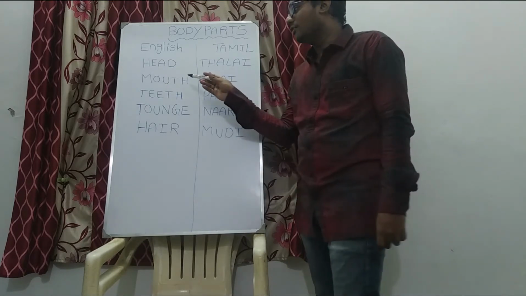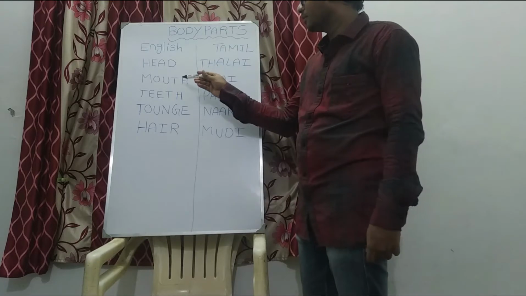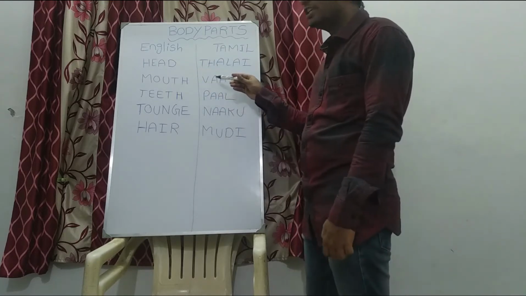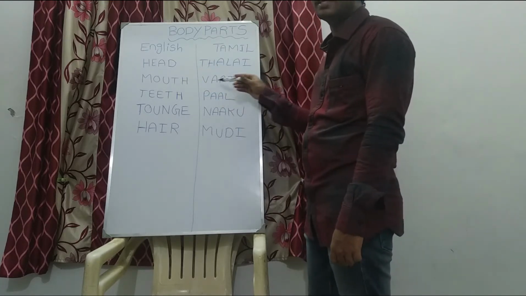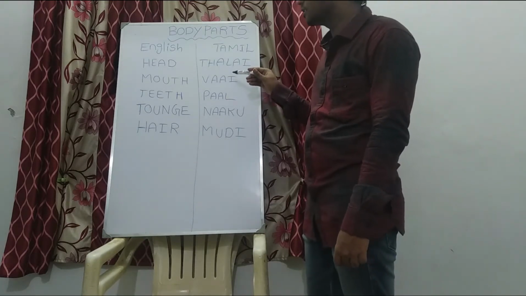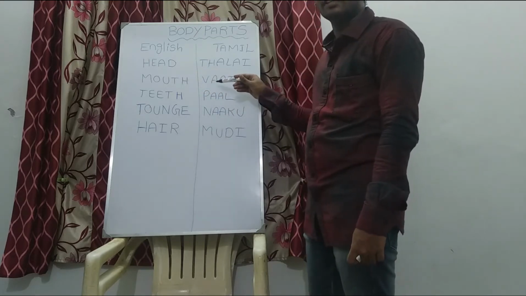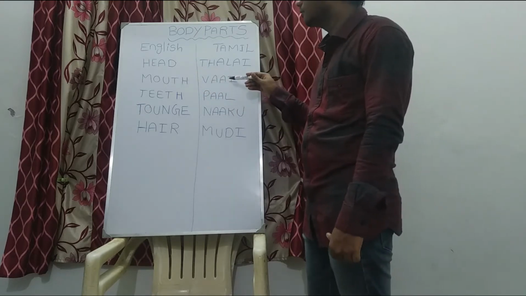In the same way, if you want to say mouth, you have to pronounce it like V-A-A-I, Vai. So Vai means mouth in Tamil.